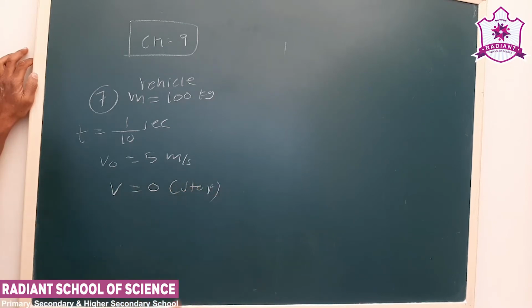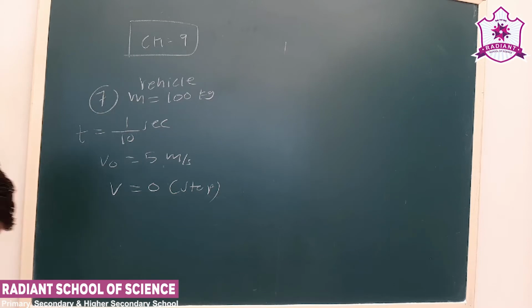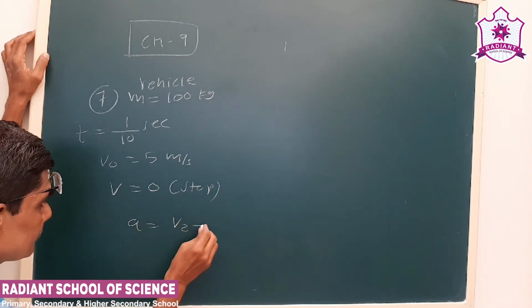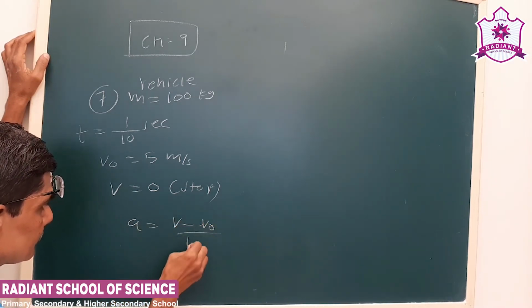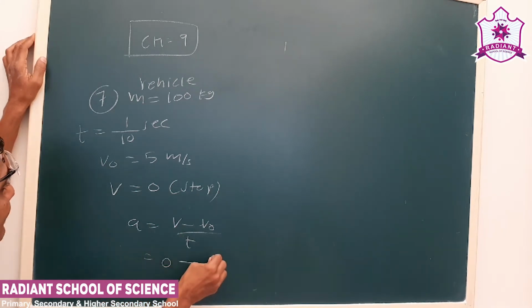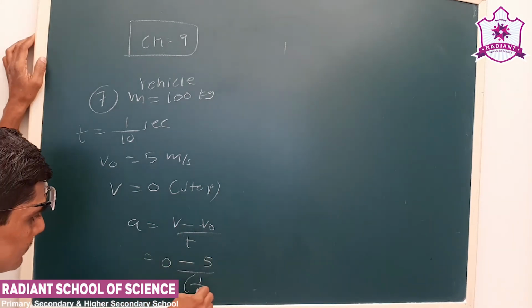So what is the force required in the opposite direction to stop the vehicle? Now here the mass of the vehicle is given, time is given. We have to find out acceleration. Now what is the equation? So v is 0, v0 is 5, time is 1 by 10.